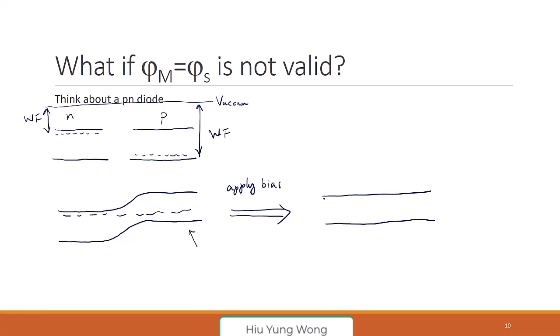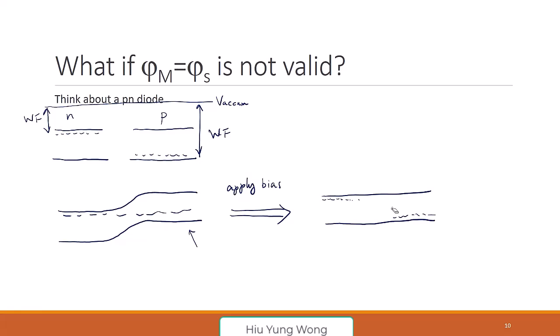This is almost impossible in reality, so I don't draw it here because I don't want to go to quasi-Fermi level yet. You would need to apply a very large bias and you would actually burn your diode.